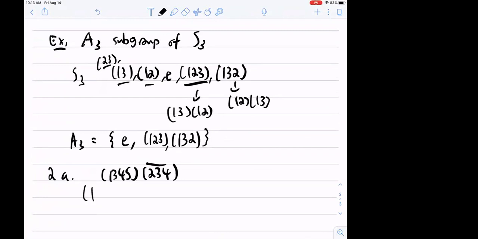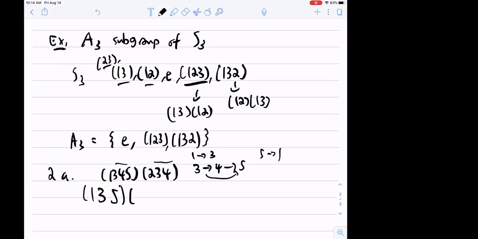There's no 1 in the right cycle, but in the left 1 goes to 3. Where does 3 go? Here 3 goes to 4, and then 4 goes to 5, so 3 goes to 5. Where does 5 go? There's no 5 here, and in the left 5 goes back to 1. When you go back to 1, you close it.